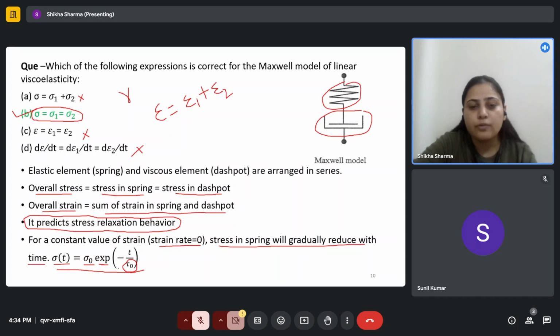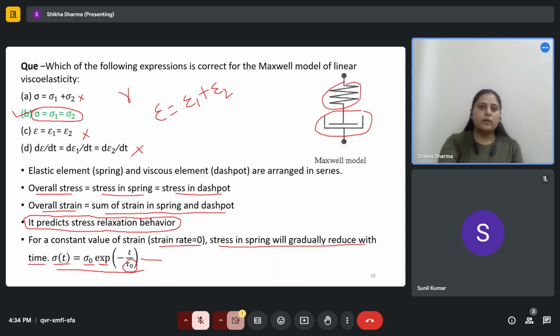So when we have a constant strain, the stress reduces exponentially: stress at any time equals initial stress times exponential of minus time divided by relaxation time, right? By this expression the stress will reduce.